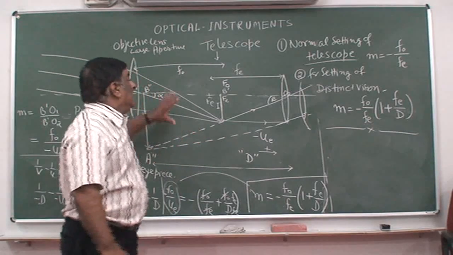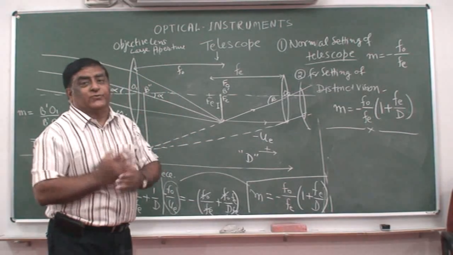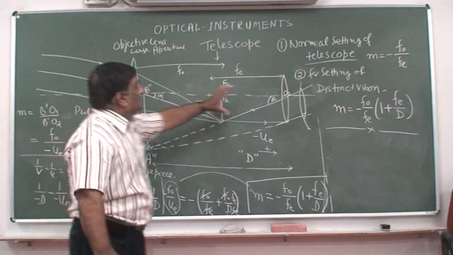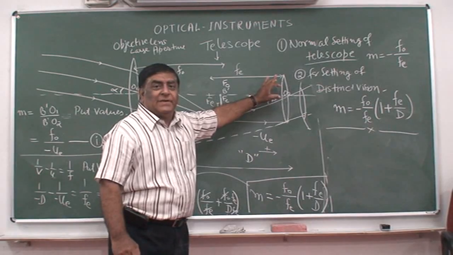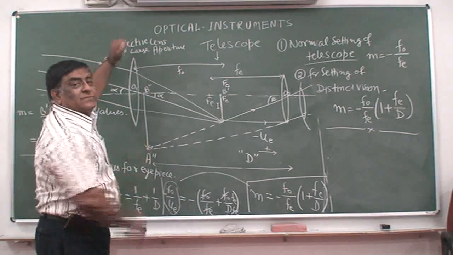Now, once again, in telescope, what are the specialties? Compare with microscope. In microscope, this is a small one, this is a small one. In telescope, this is small, this is large. Why?